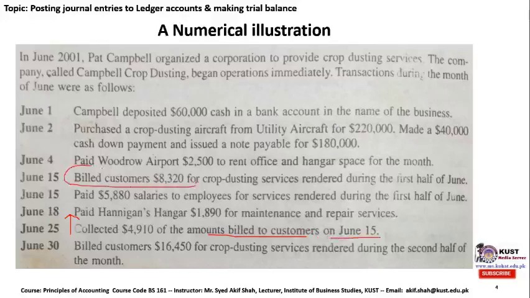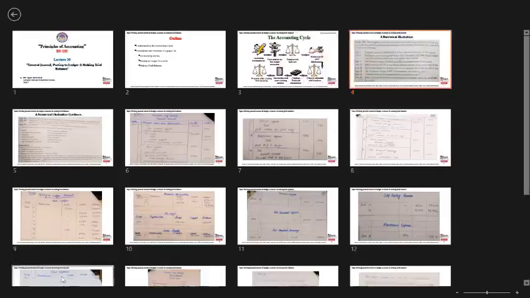As we have billed the customer on June 15, out of $8,320, the customer has paid us $4,910. So therefore the level of cash will increase, and the account receivable generated against those customers will decrease. So let's see how to record this entry.